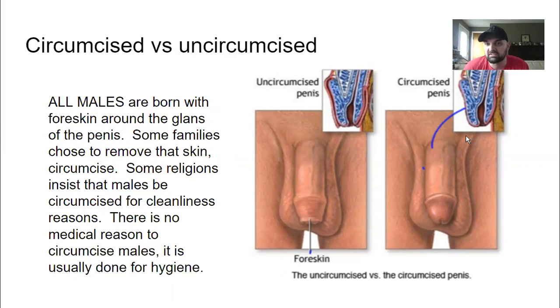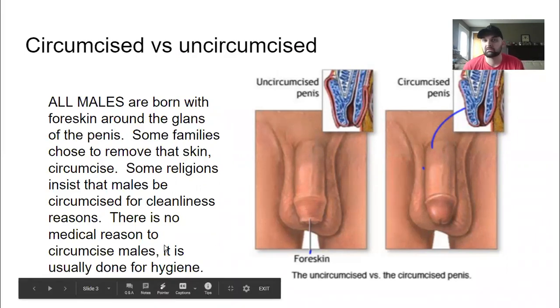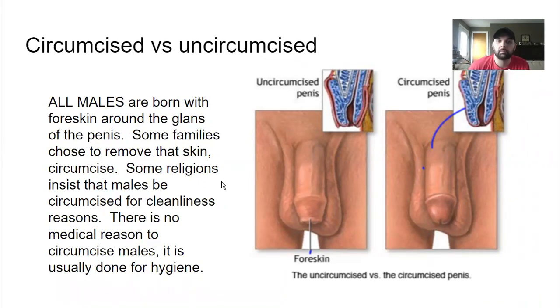If someone is circumcised, it's either a religious belief or it's just for hygiene. If a man is uncircumcised, which plenty of men are, they need to peel back the foreskin and make sure that they're cleaning properly when they wash themselves, so that the nasty gunk doesn't build up in there.